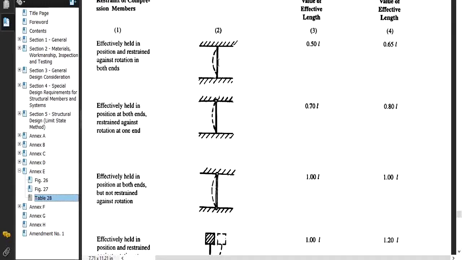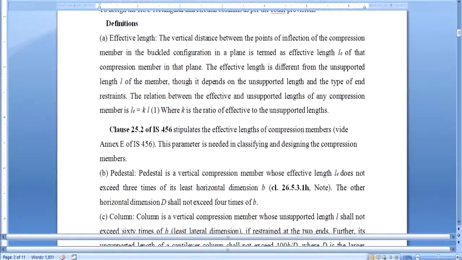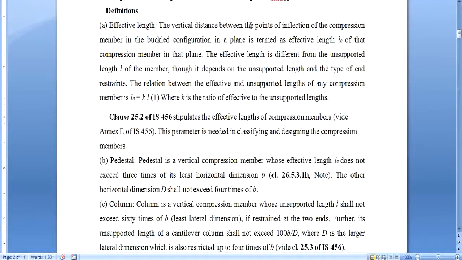But what is effective length? Effective length is the vertical distance between points of inflection of a compression member. So what are points of inflection?